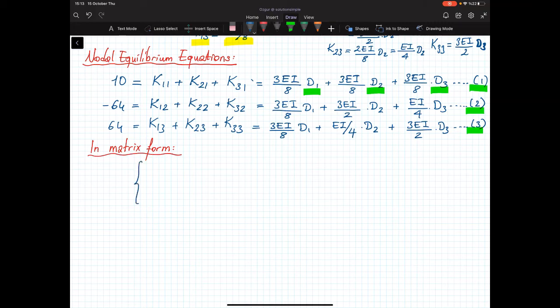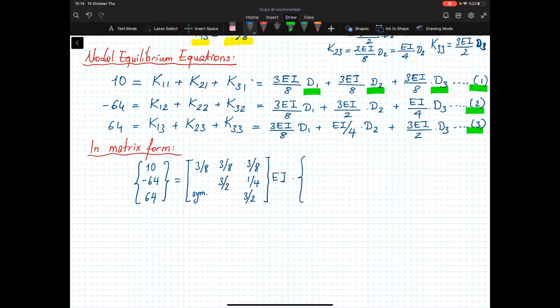So on one side I have 10 minus 64, this is plus 64, that's equal to 3 over 8, 3 over 2, 1 over 4, 3 over 2, and that will be a symmetrical matrix, EI multiplied by D1, D2, and D3.